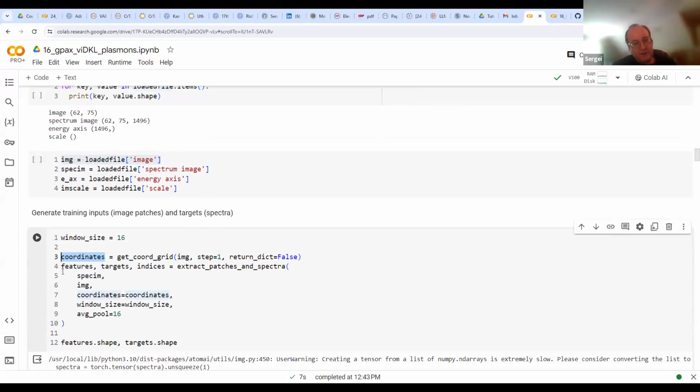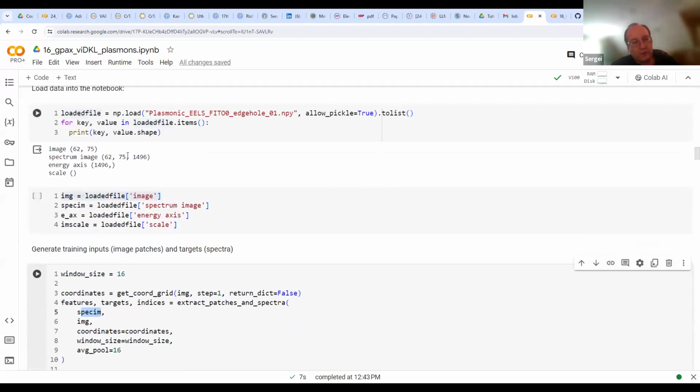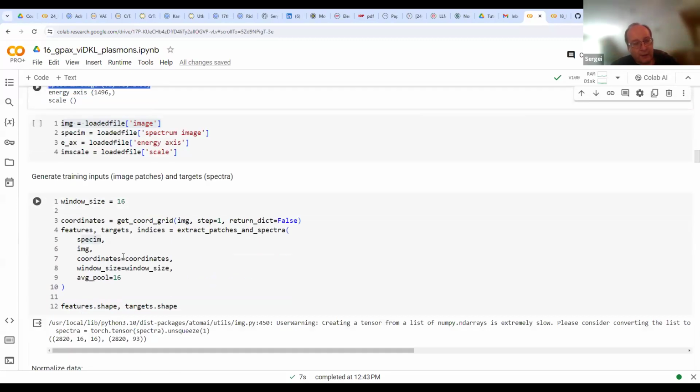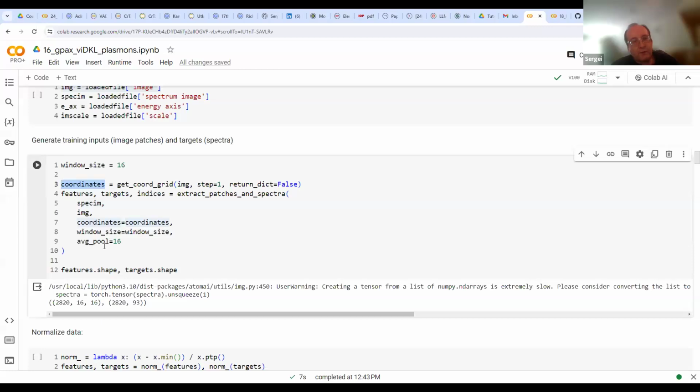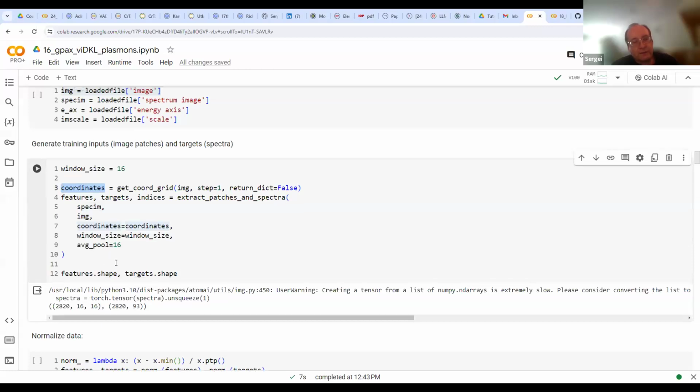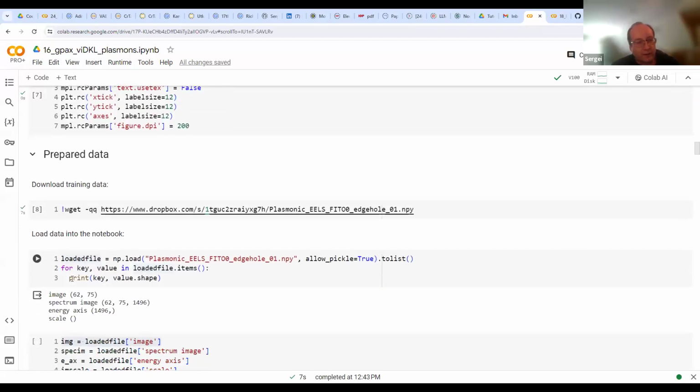As you can imagine, this function extracts patches and spectra. It takes the spectral image object, where our spectra are, the image object, and these coordinates, and it creates the pairs of patches and spectra. That's all there is to it.